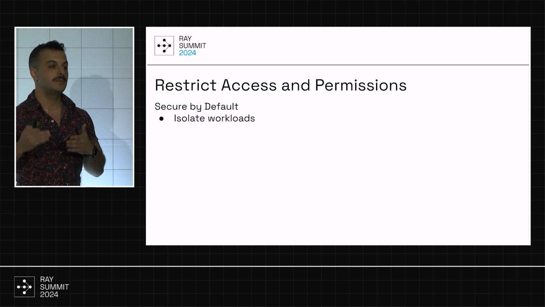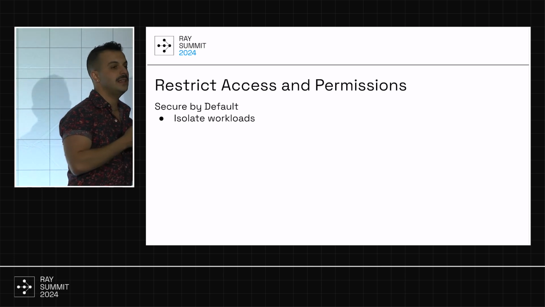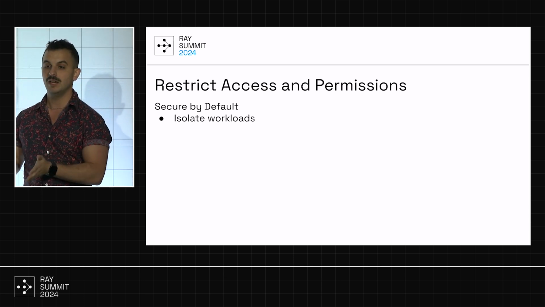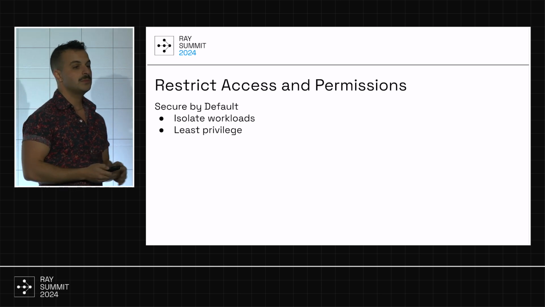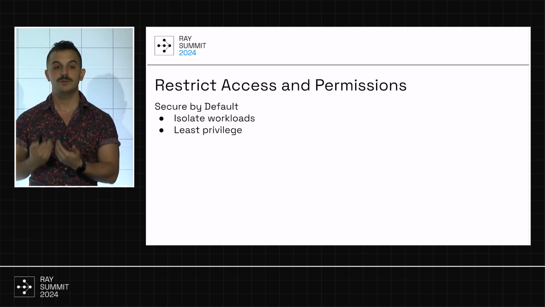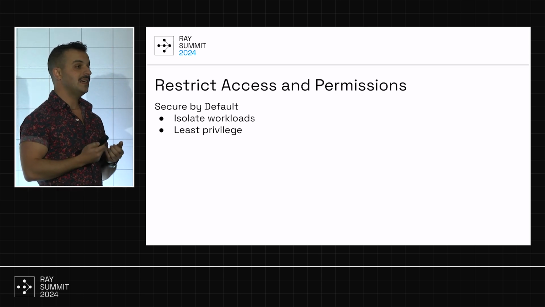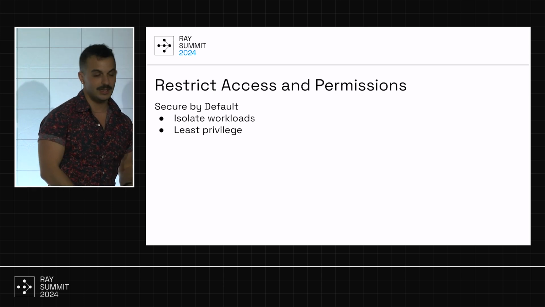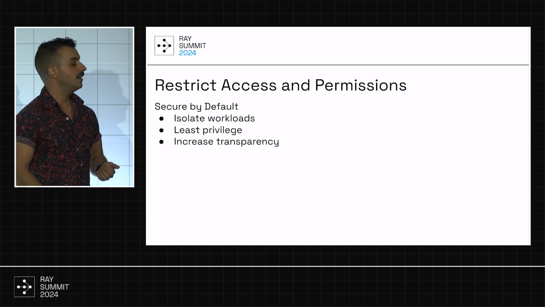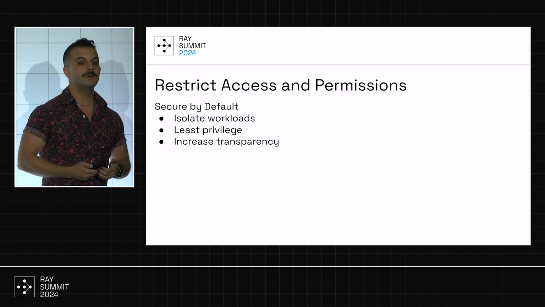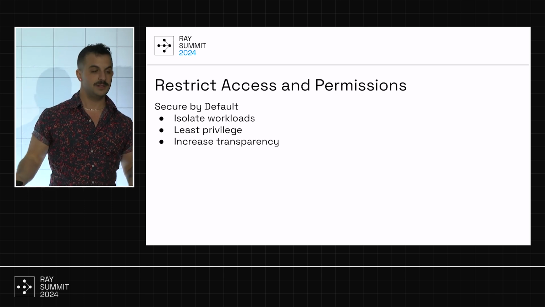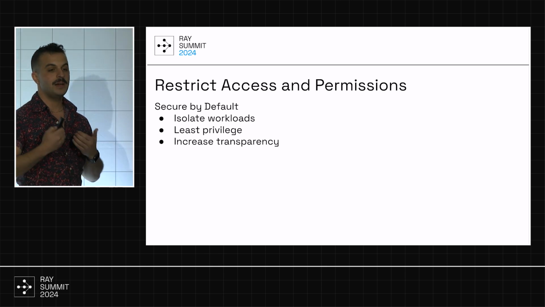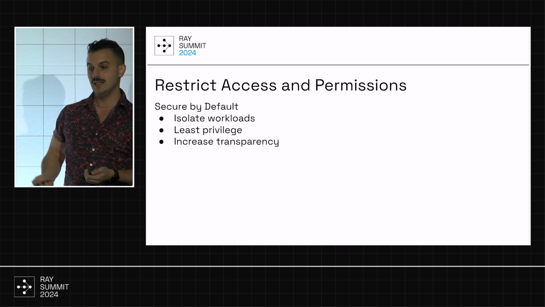Building your platform to be able to isolate workloads into the environments in which they need to run and nowhere else. Least privilege, making sure that the people at your company only have access to the data that they need access to, and nothing more. And that's something that's important if you're managing a platform, being able to increase transparency, understanding what's happening when, by who, at any given time.